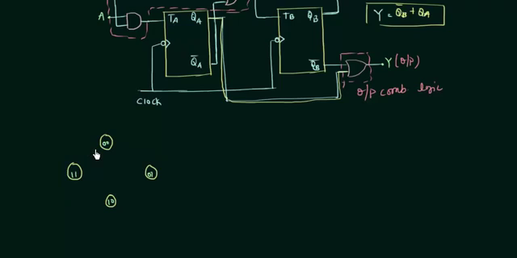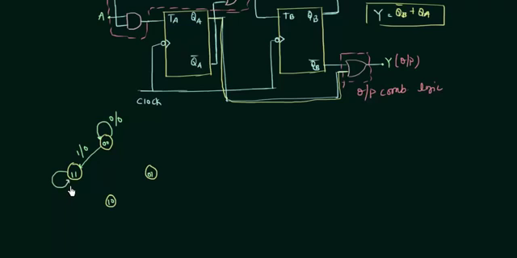Depending upon the inputs, the output is being generated, and also the state will change from one to another. Let me complete it randomly. 00, this 0 is my input, this 0 is my output. Then I am going from 00 to 11 if the input is 1, and then output will be 0.